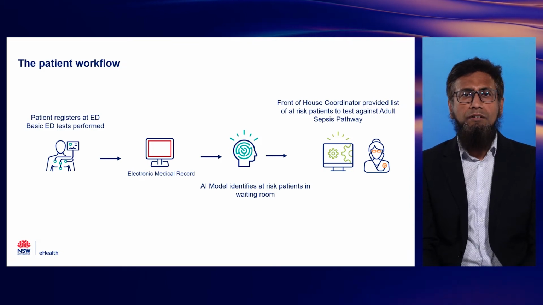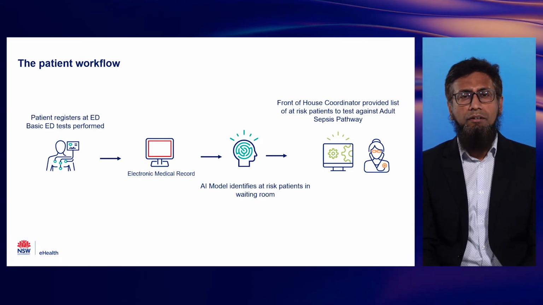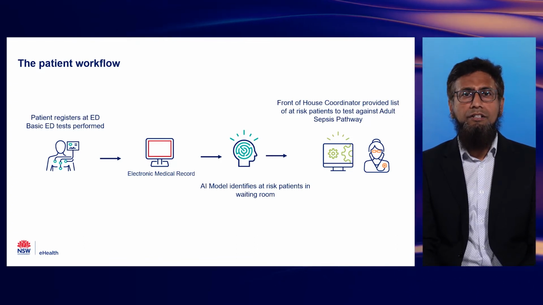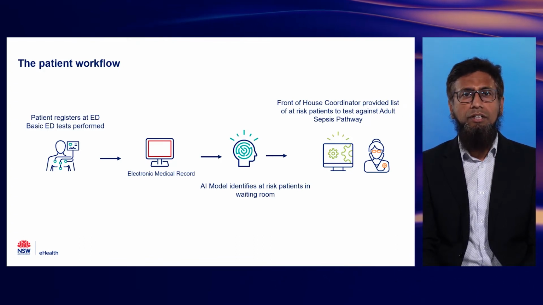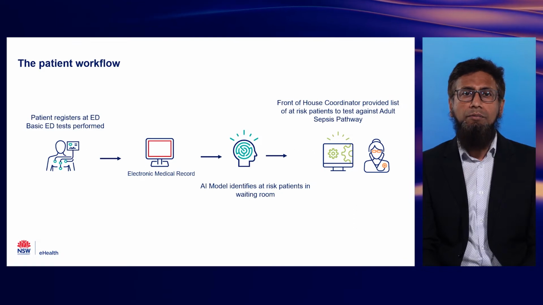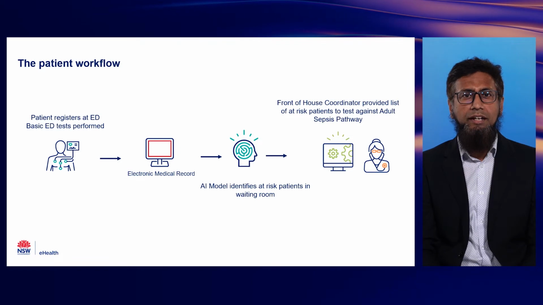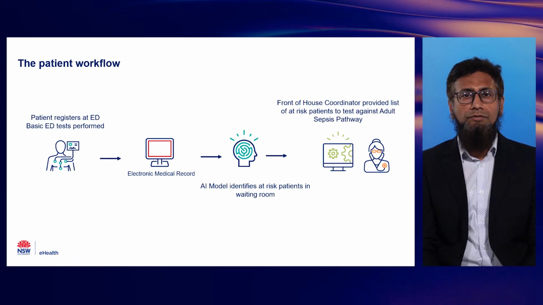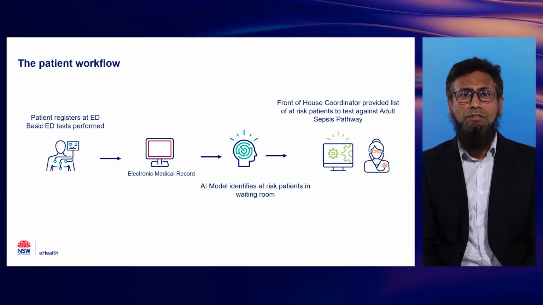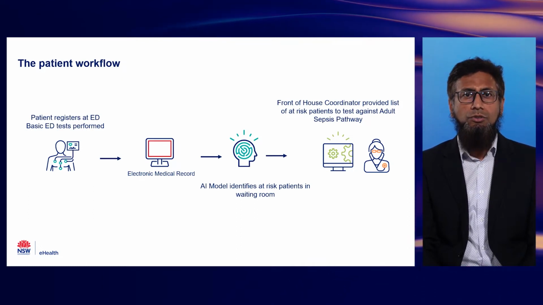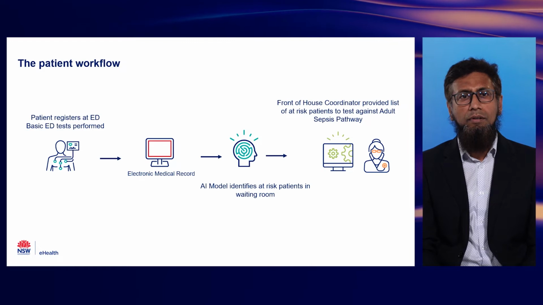These observations are recorded into electronic medical record system. The predictive sepsis system gets the data entered into the electronic medical record in near real time and provides a list of patients who are at risk of sepsis waiting at ED room. The front of house coordinator reviews the at-risk patients and then places patients onto sepsis pathway treatment.